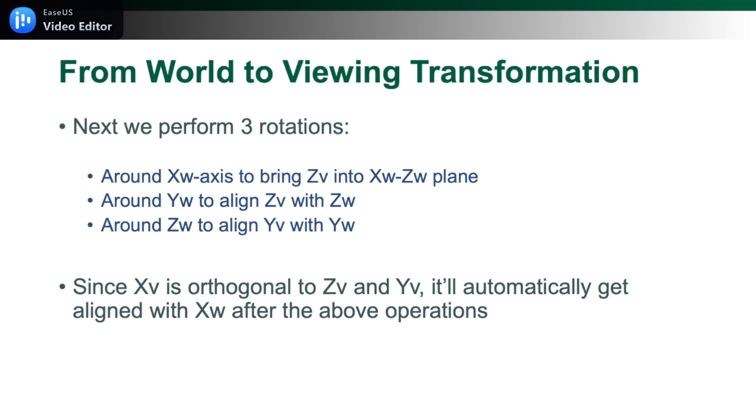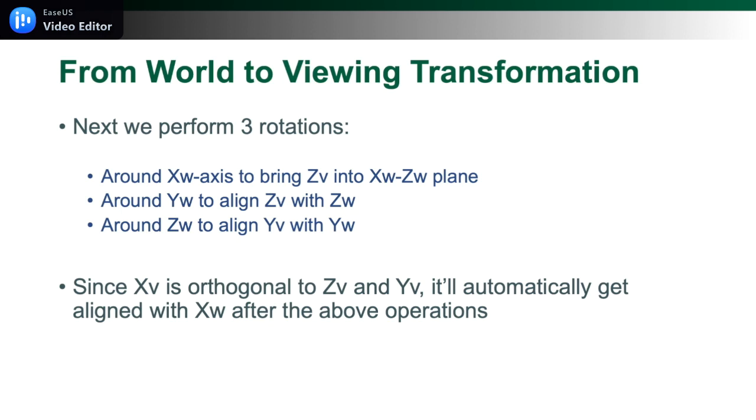Next, we perform three rotations. The first rotation is around the XW axis to bring the ZV axis into the XW ZW plane. When that has been done, we now rotate the black graph, or the user coordinate system, around the YW axis to align ZV with ZW.